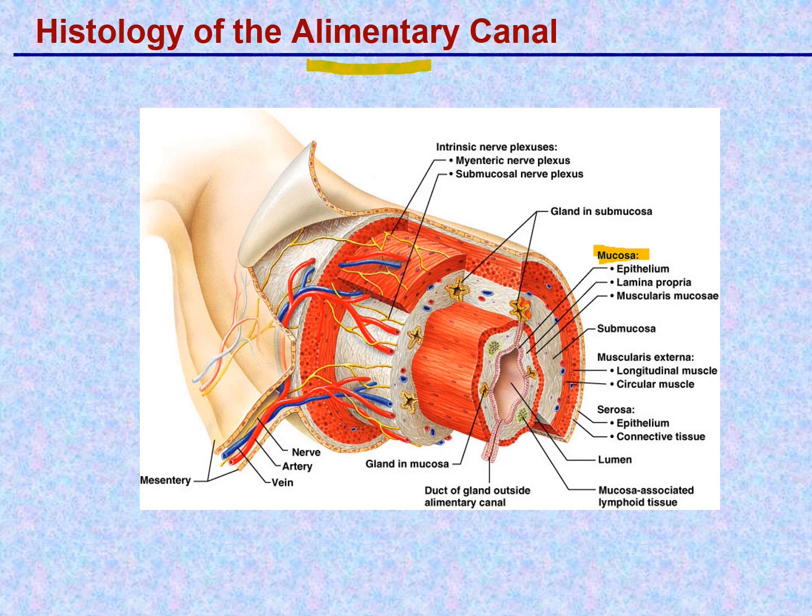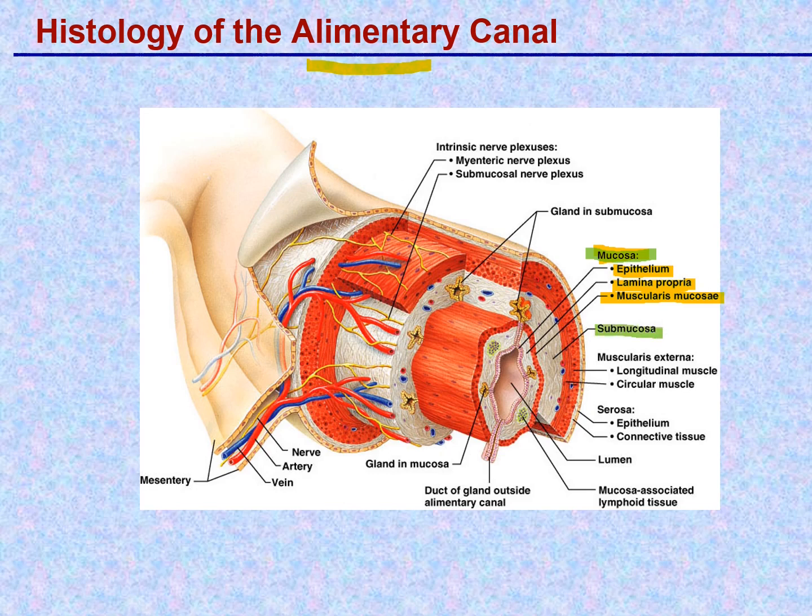The layer immediately adjacent to it can be broken down further into the epithelium, the lamina propria, and the muscularis mucosa. This is the first tunic.